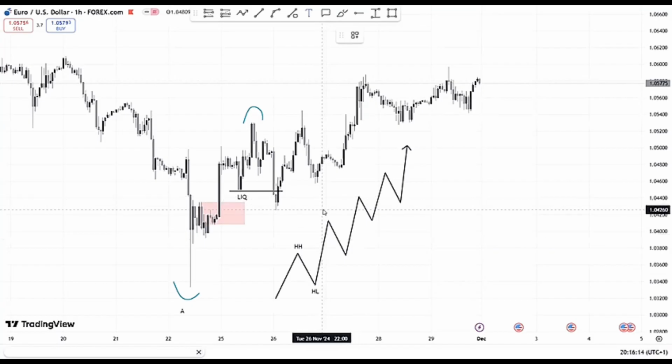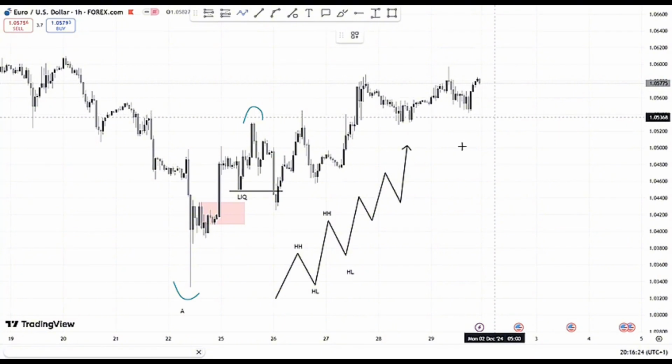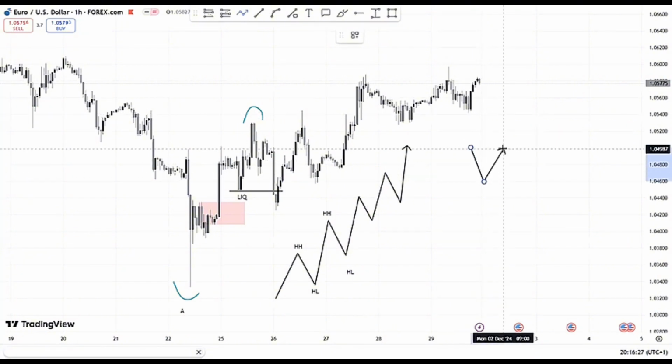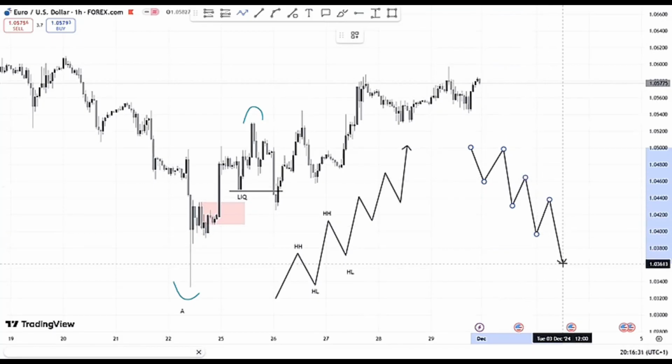This is higher high, and this is higher lows. Now, for a bearish scenario, the expectation is that market should create lower lows and lower highs. This is the expectation on charts.